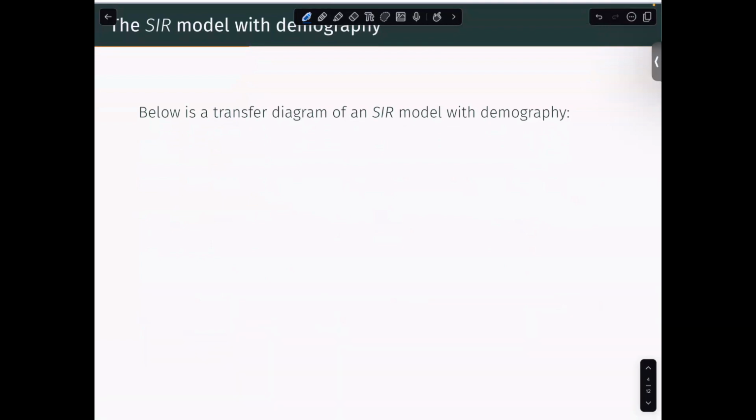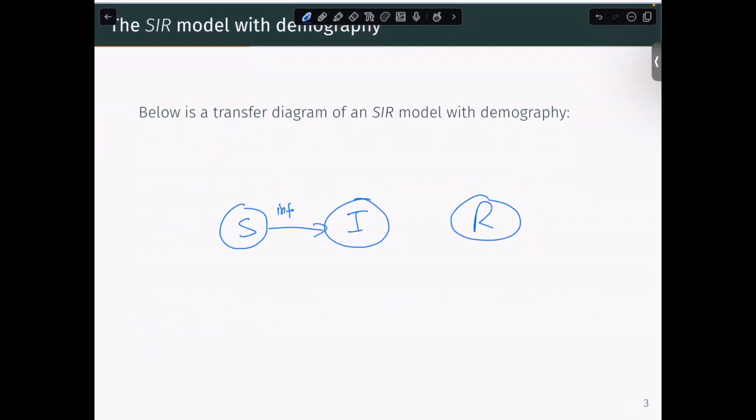Okay, so let's start off with a transfer diagram and think what this might look like. So suppose we've got our SIR model just like we had before, which looks something like this. We've had infections, which takes you from the susceptible state to the infected, and in this case, infectious state as well. And then we had recovery followed by permanent immunity. So note there was no disease-associated death in this model.